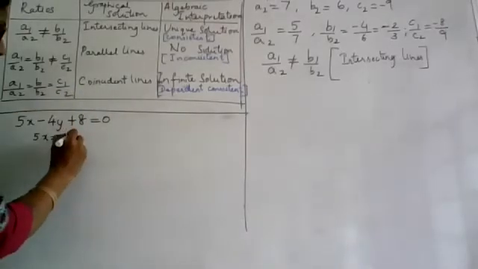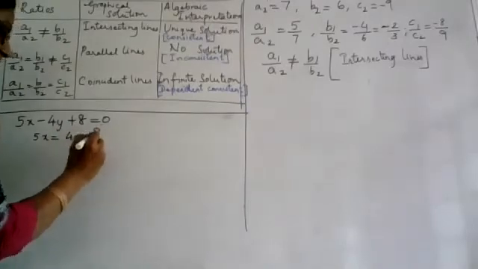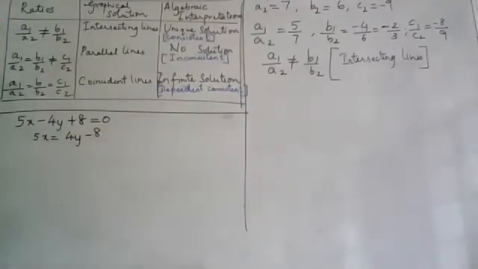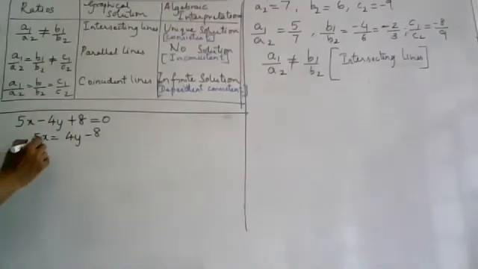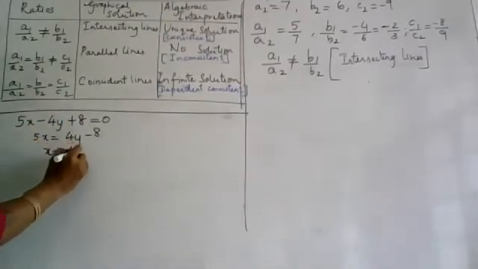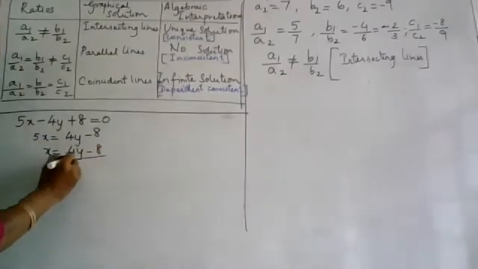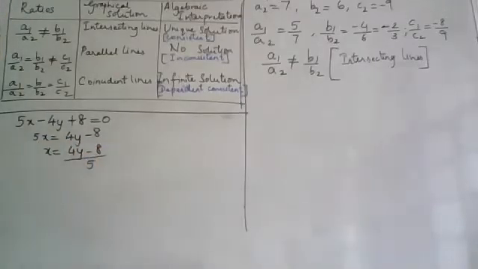So it will become 4y minus 8. Is that clear? It is just to transpose negative 4y and positive 8 to the right hand side. So negative became positive, positive became negative. That's all. Then I want x alone, so it will be 4y minus 8 whole divided by 5.